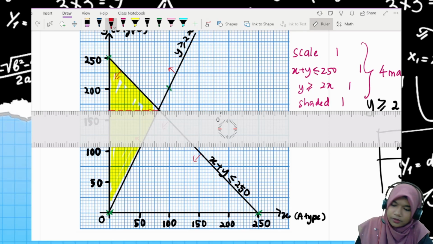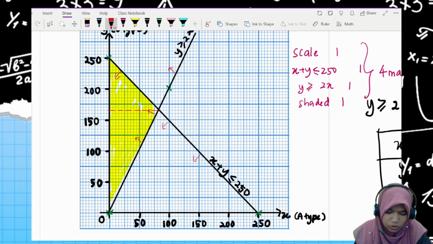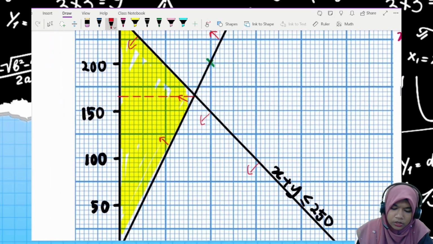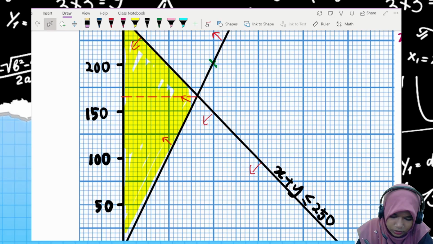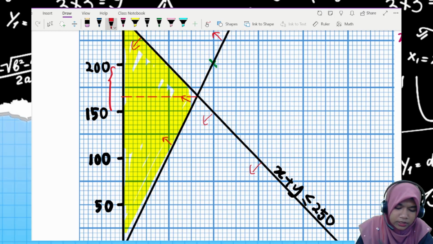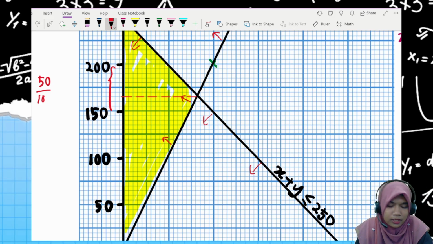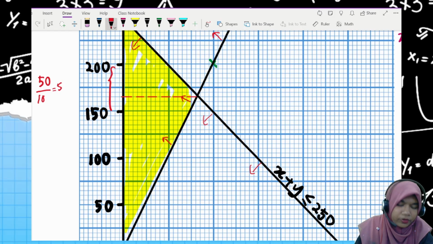So you should know how to read the graph. The scale used here is 50 units for 10 boxes, or for 2 centimeters. So you divide by 10, so each box represents 5 units.